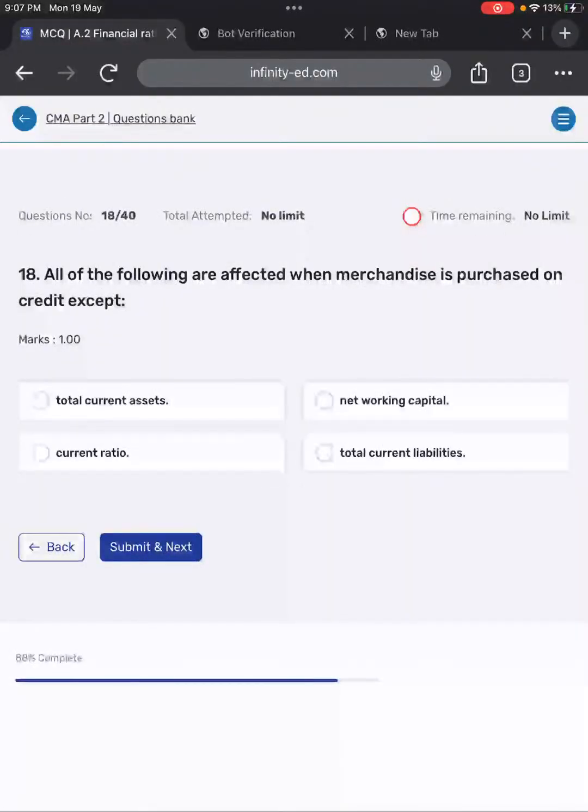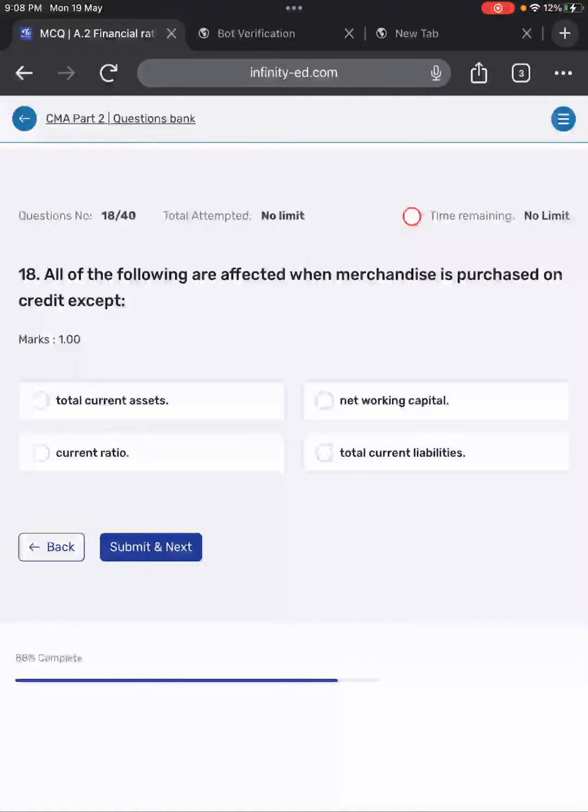All of the following are affected when merchandise is purchased on credit, except? All affected except credit purchase. Net working capital will affect definitely.